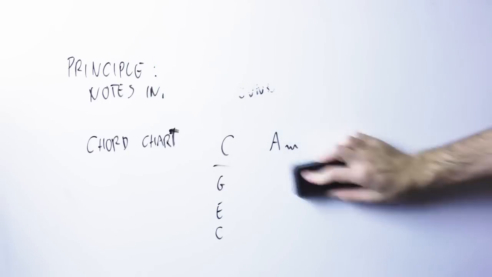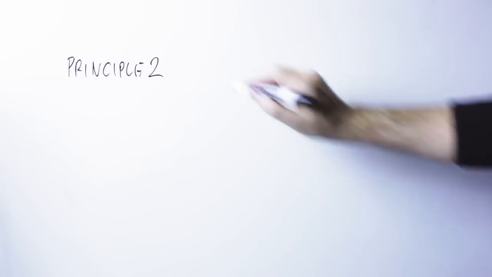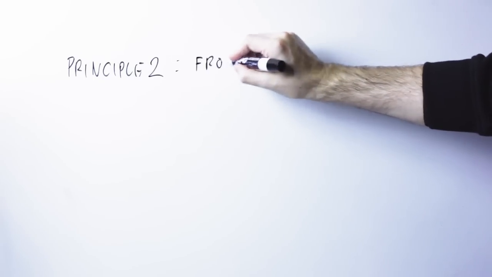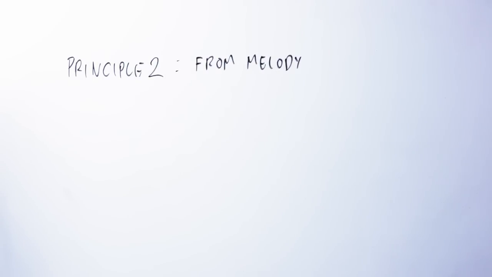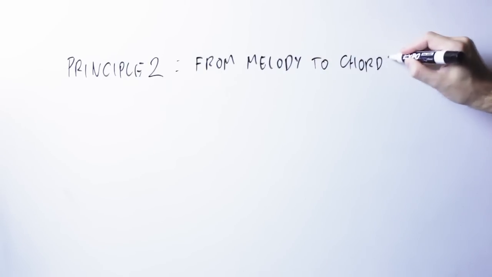Principle number 2. Let's say you have a melody. The melody could be literally anything that you can sing. Okay? You have a melody, you have a solo, you have a sequence of single notes. And you want to find the chords that work under this melody.